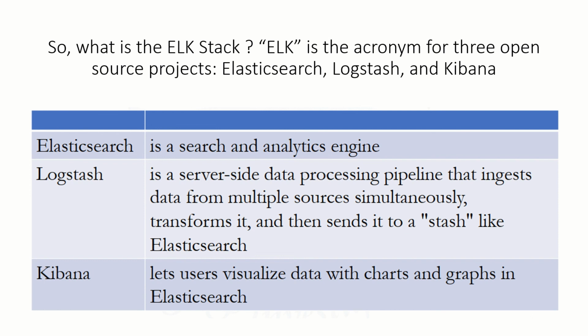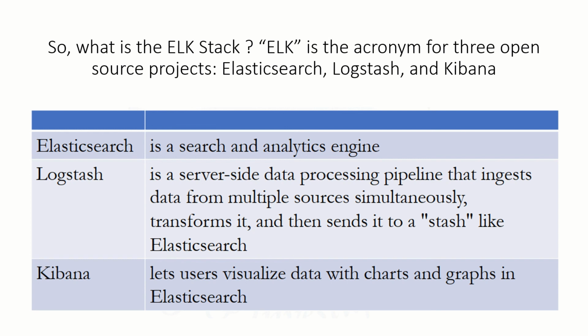It's a server-side data processing pipeline that ingests data from multiple sources simultaneously. So it's able to pick information coming from the Beats. There could be hundreds or thousands of Beats installed within your network. So the Logstash collects all this information and then uploads it to what is called the Elasticsearch.